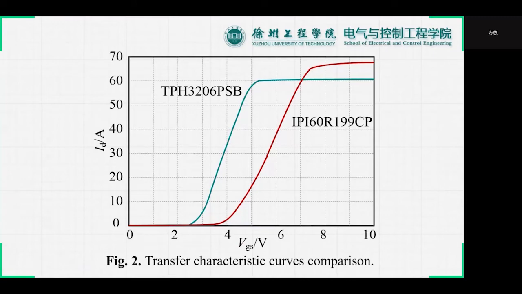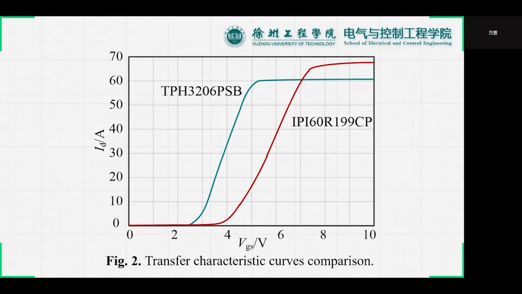In Cascode structure, the turn on and turn off of depletion GaN HEMT is controlled by the low voltage silicon MOSFET at the gate and source. The overall threshold of the device mainly depends on the low voltage silicon MOSFET at the gate source of GaN HEMT, while the threshold voltage of low voltage silicon MOSFETs is lower than that of high voltage silicon MOSFETs.